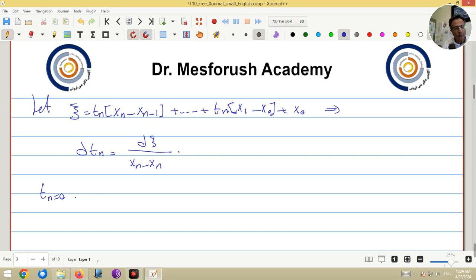If tn is equal to 0, then xi is equal to tn-1 times (xn-1 minus xn-2) plus, and it continues until t1 times (x1 minus x0) plus x0.